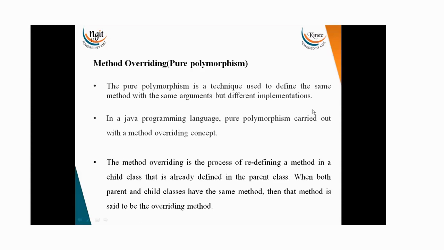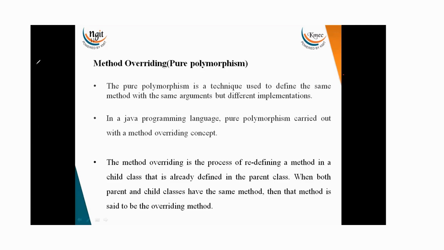Now, sir, what is overriding? Overriding can be done in the superclass and subclass. This is the technique used to define the same method with the same signature, that is, the same arguments, but a different implementation in the superclass and subclass.